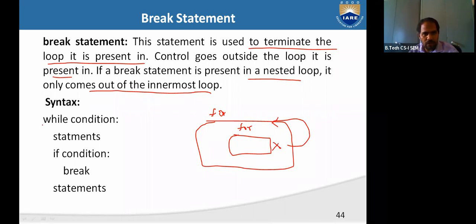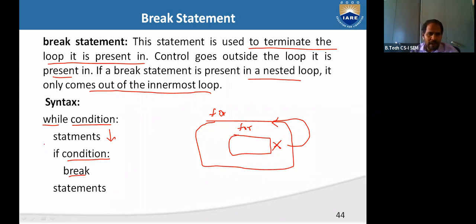So this is the syntax for this one. Here we use the while condition followed by the statement. Then if condition, break, then following the statement, then break. What happened here, ma? In these situations, what happened? I'm talking about only loops here. If the inner loop fails, then it moves to the outer loop.